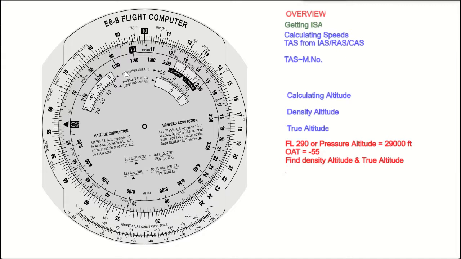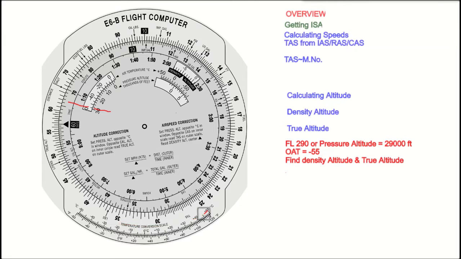So I have set 290, which is here, against minus 55, which is here. Now I am going to read my true altitude. For true altitude, I'm going to use the inner and I'm going to read on the outer.